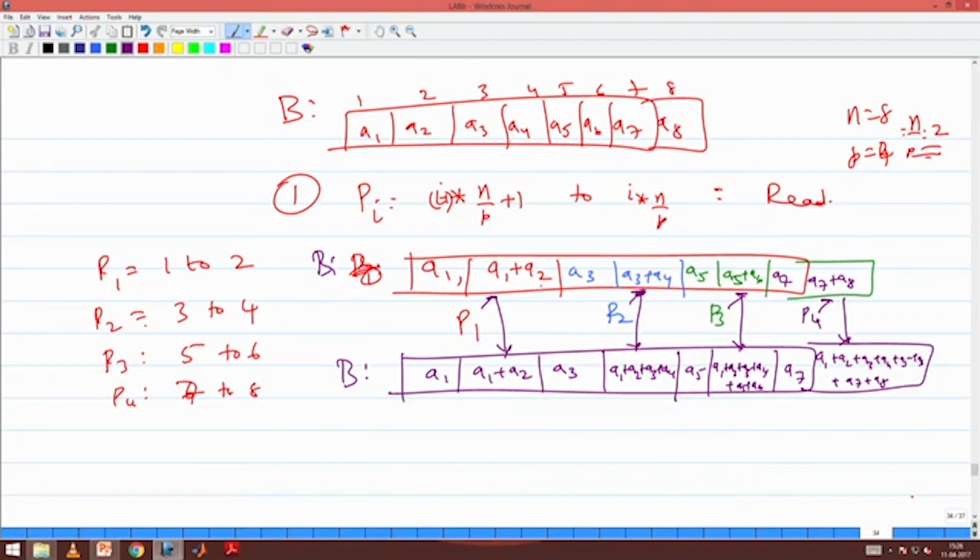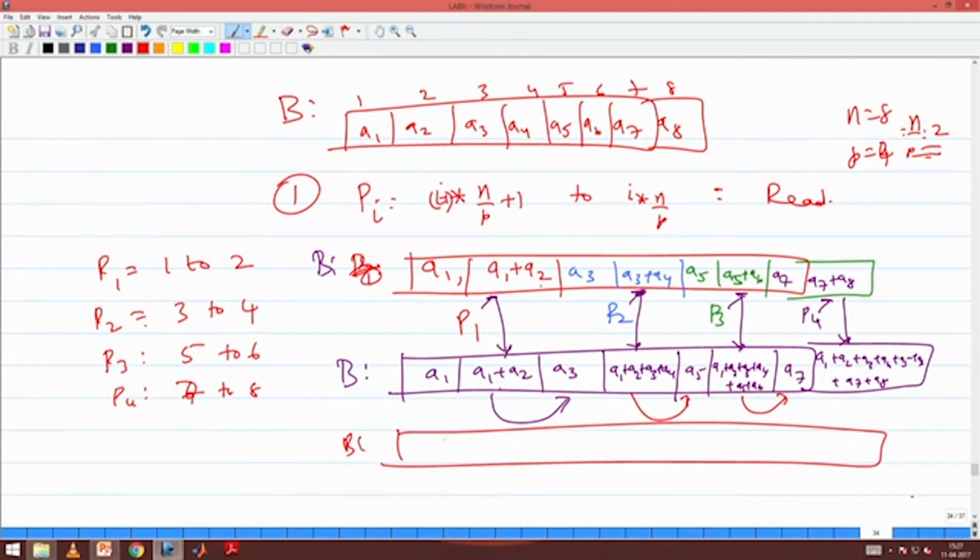Now P1 will take A1 plus A2 and add it to A3. While that is happening, P2 will take this number and add it to A4, and then P3 will do the same. Now I will have all the things.